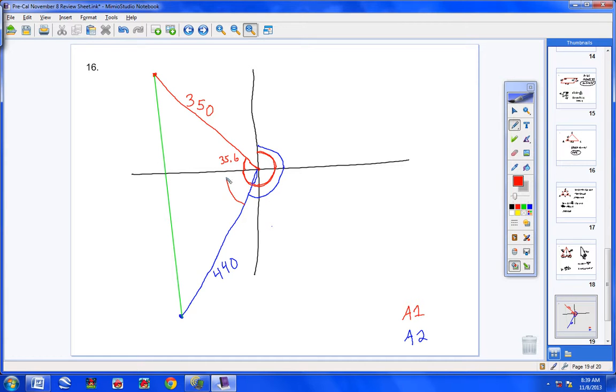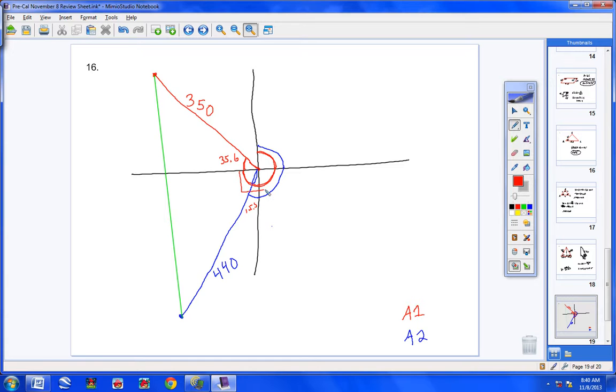Now, can I find the angle from the blue line to the black line right here? I hope so. Let's see if we can. The blue airplane went 90, 180, and then it went 15.5 more. So from this black line here to this blue line here, I have a measurement of 15.5.